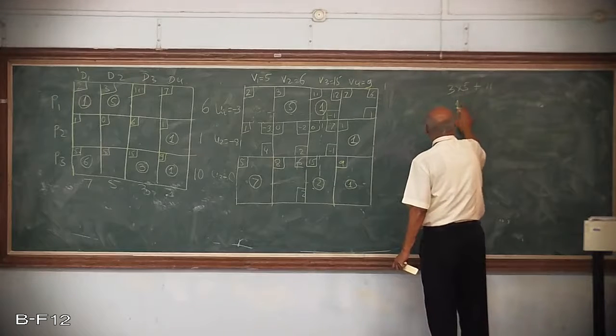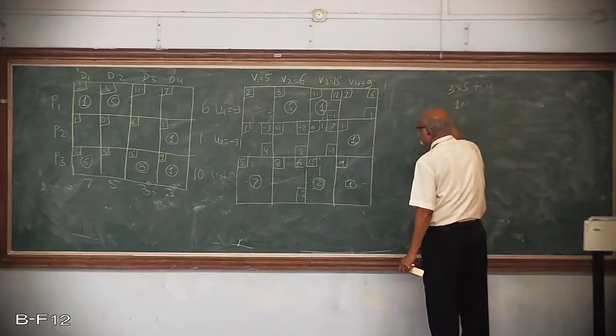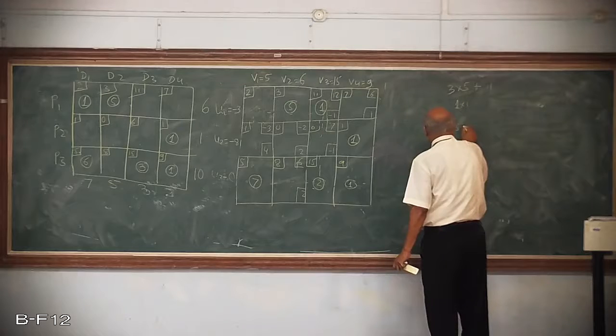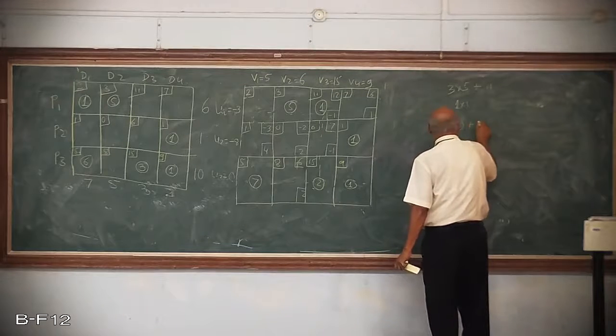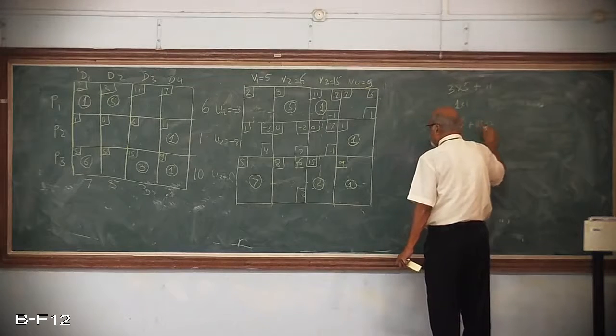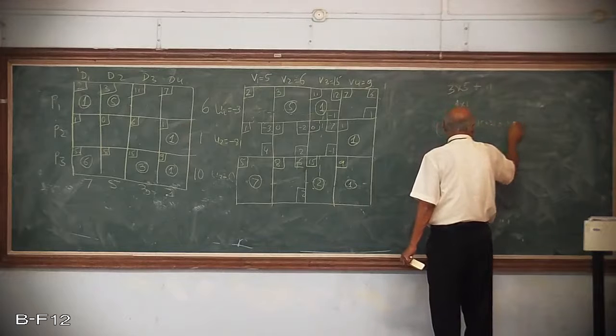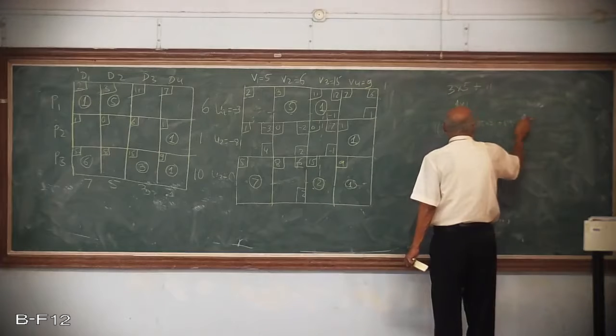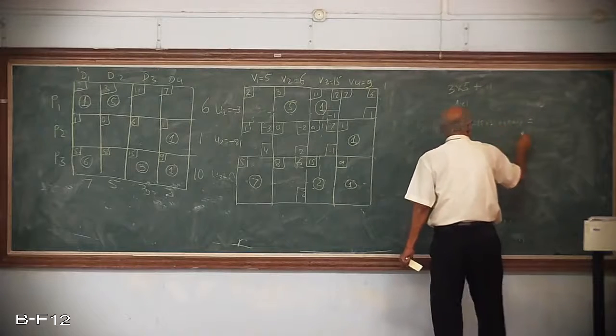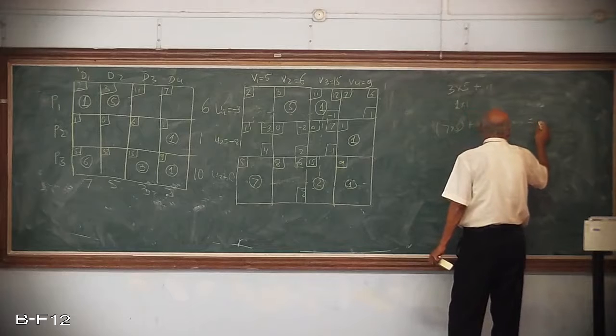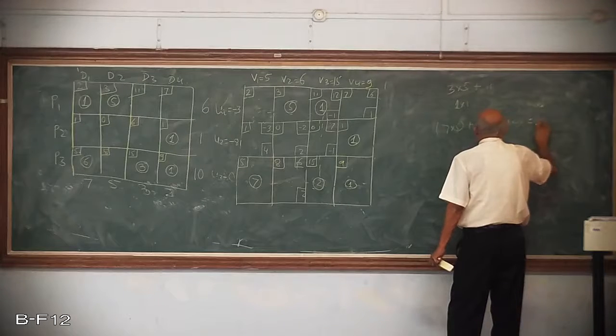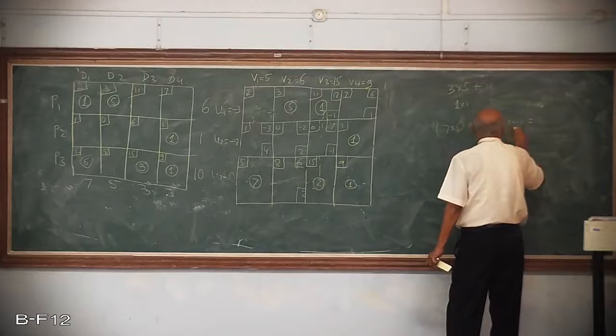This is 1 into 1. This is 7 into 5, plus 15 into 2, plus 9 into 1. 35, that is 65, 65 plus 9, 74.